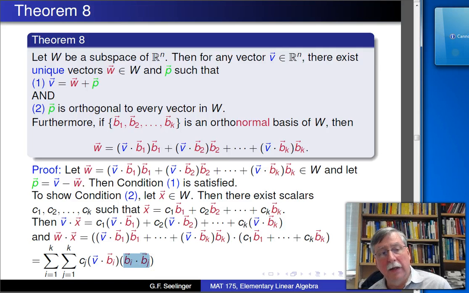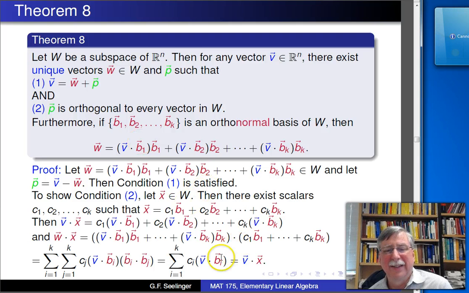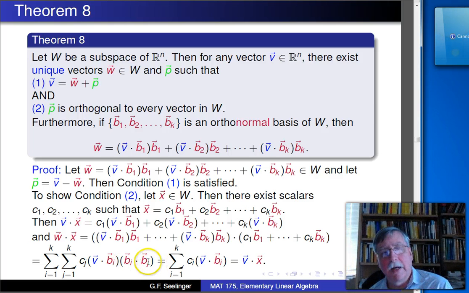Of course, because B is orthonormal, the only time that's not 0 is when i is equal to j. So while this looks like a mess, it reduces to just V dot b_i, and since it's orthonormal, I've got b_i dot b_i.